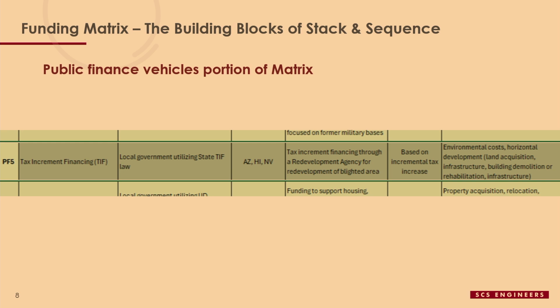Tax increment financing, you establish a district, a physical area. It could be a single site or it can be a broad area. It's typically blighted, right? That's why tax increment financing was invented, I think, in the 60s in California, actually, to cure blighted areas. You figure out what property taxes are being paid in that district, that defined area. That's your starting point.